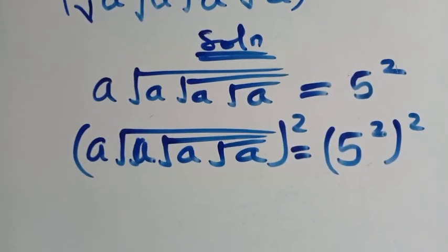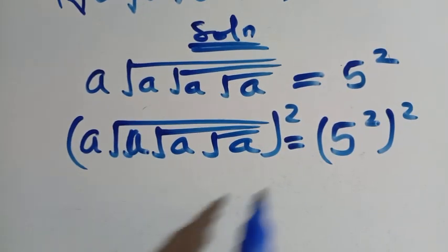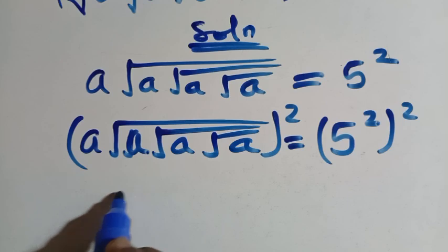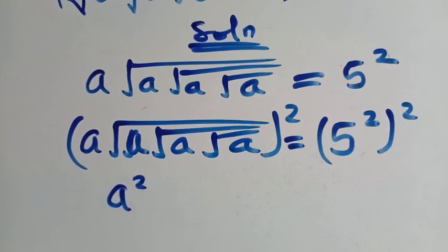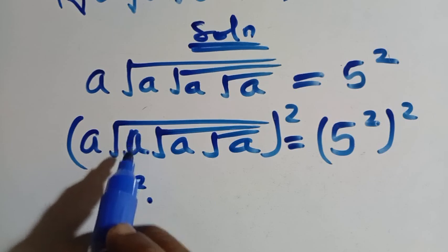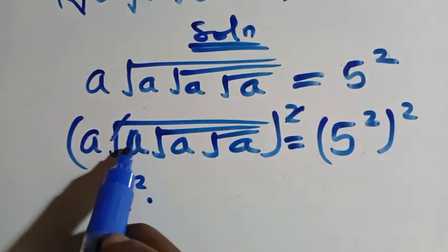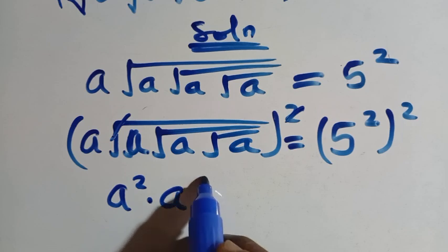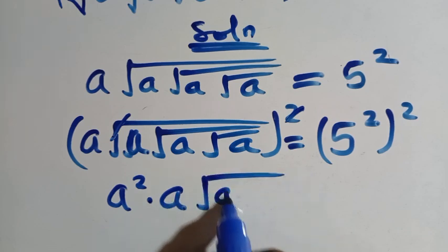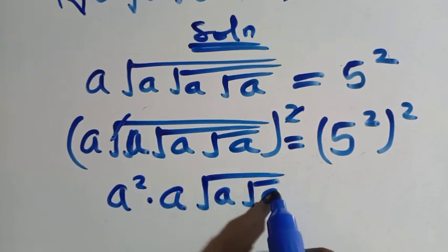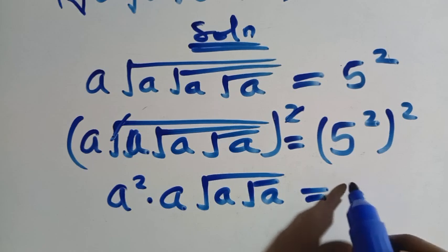And from here, you can see that this a will be squared, and when a is squared, we multiply by the whole of this one also. So this and this will cancel, and we have a multiplied by the square root of a, the square root of a equals 5.